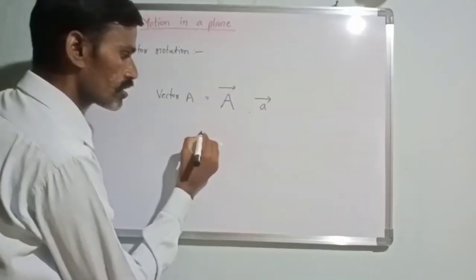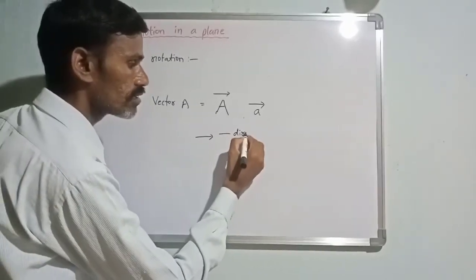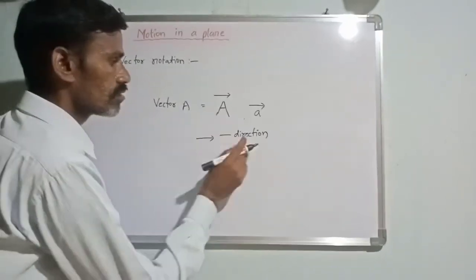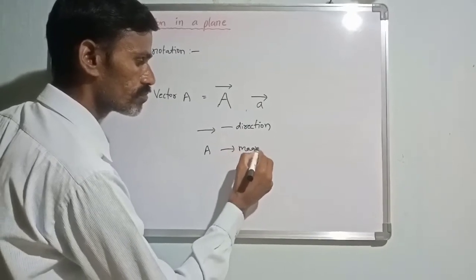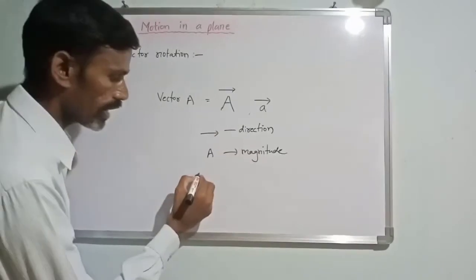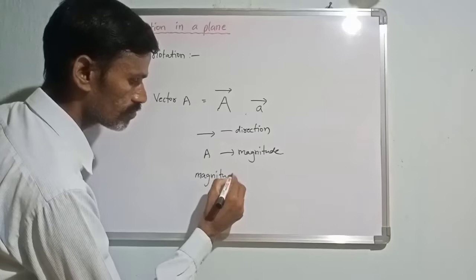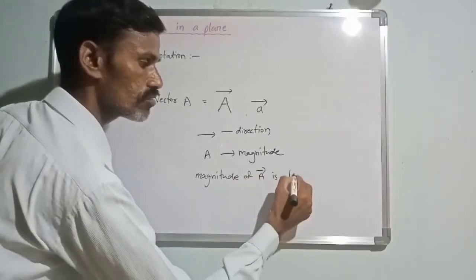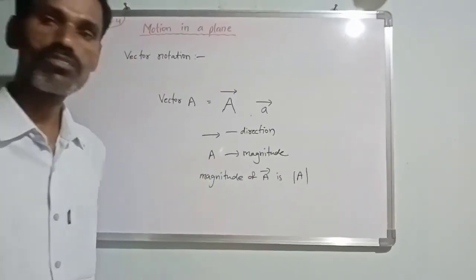In this, the arrow mark indicates the direction, and A is the magnitude. The magnitude of A we represent as mod A. So mod A is the magnitude of the vector.